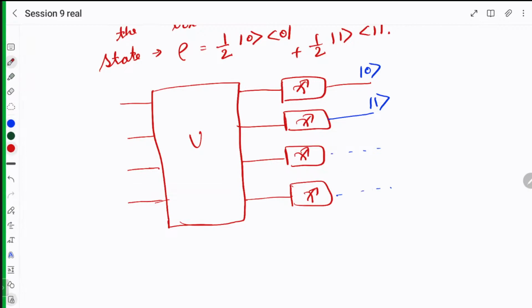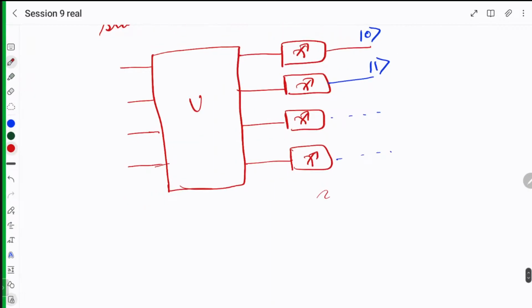So if I choose any qubit randomly from this, I'm choosing it randomly, but when I choose, I know that I am choosing the first qubit or second qubit or third qubit. So let's say I choose the third qubit.